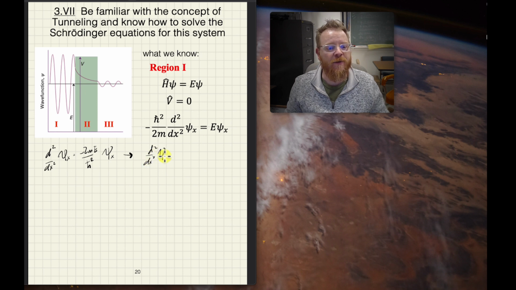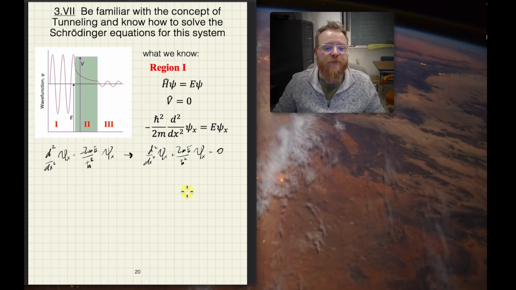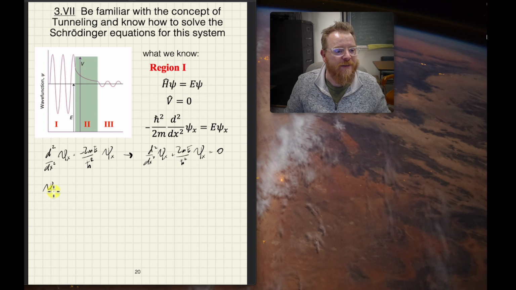Second derivative of psi of x plus 2mE over h bar squared, all times psi of x equals 0. And recall, we make our standard guess where we're going to say psi of x equals e^(ax). And yes, we'll keep with that letter a for now.